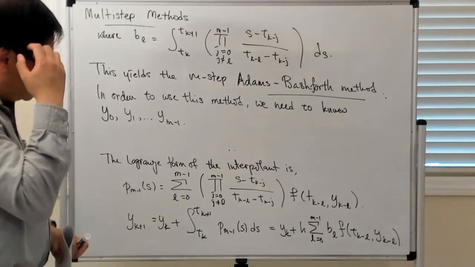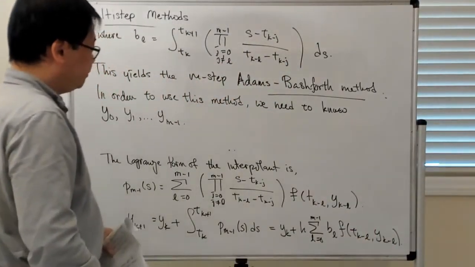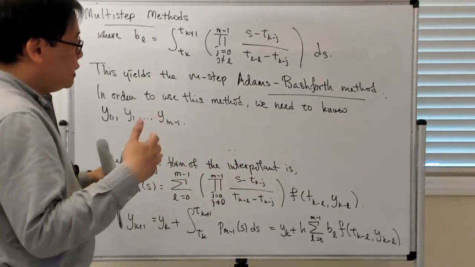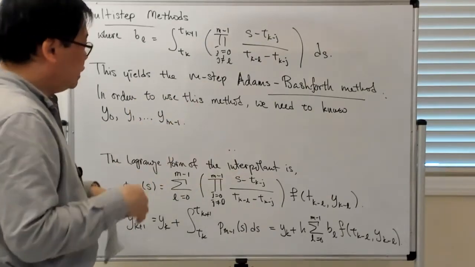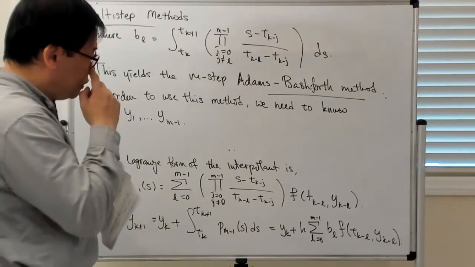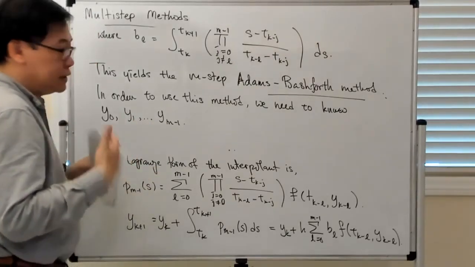And the reason, of course, is that what you will oftentimes see is that once you've started up the multi-step method, the additional cost of computing new iterates is much cheaper. It requires far fewer function evaluations to achieve the same order of accuracy as compared to, say, a Runge-Kutta method.